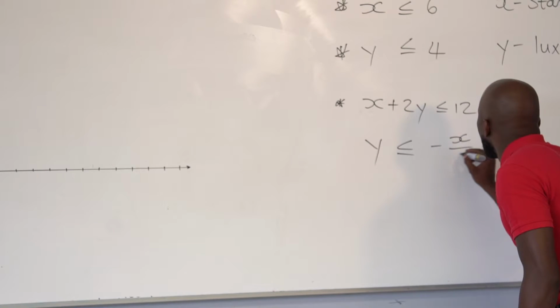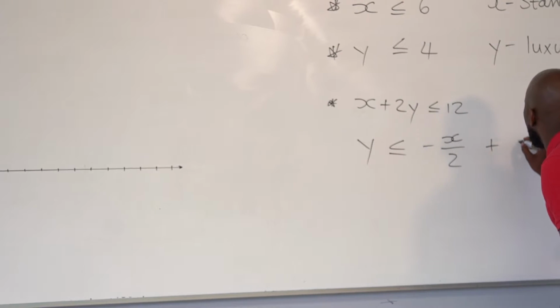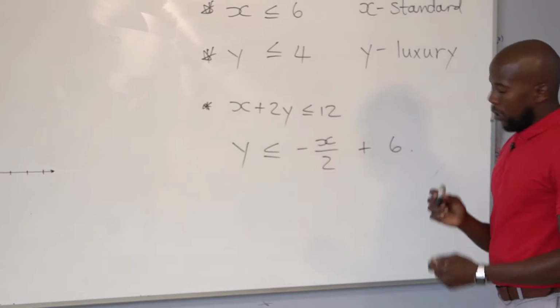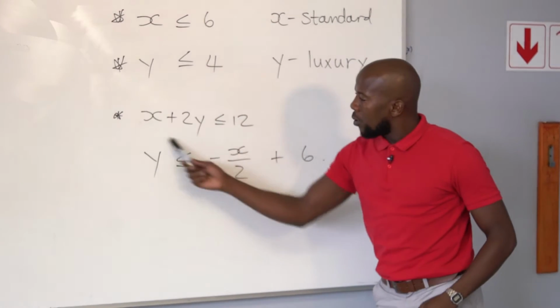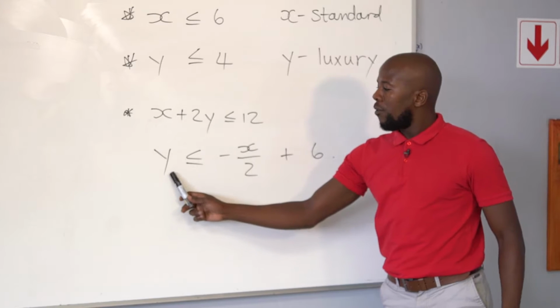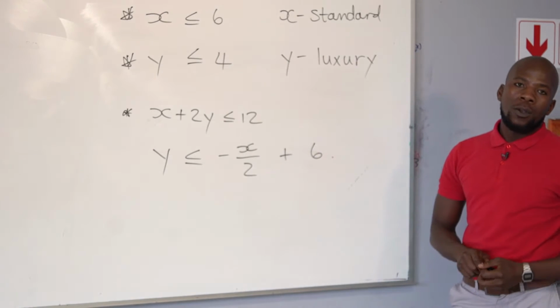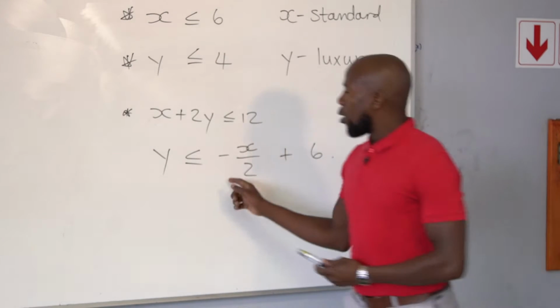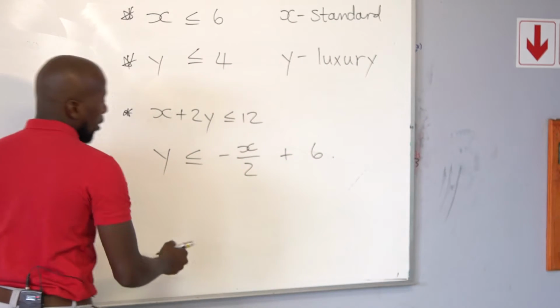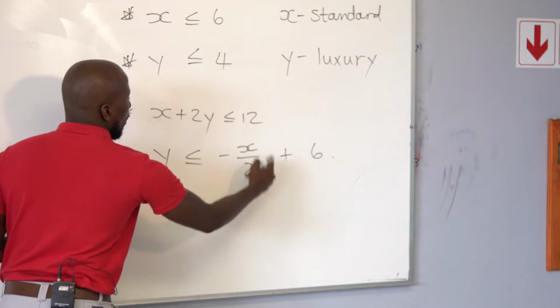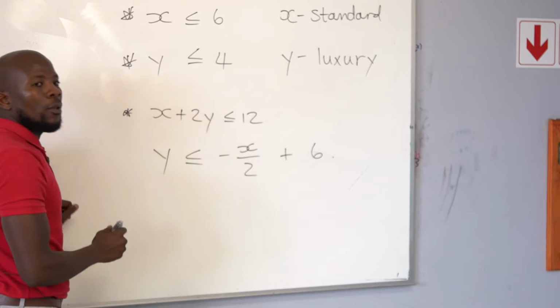y ≤ -x/2 + 6. If you were to rewrite this inequality with y as the subject of the formula, this is what you'll get as your answer. Okay. Already what you can identify here is that the gradient in this particular case will be a negative value.